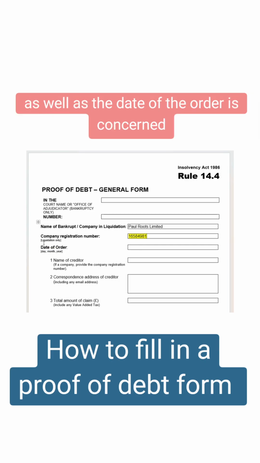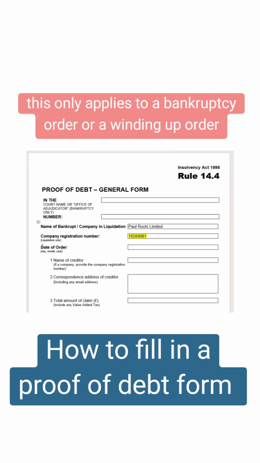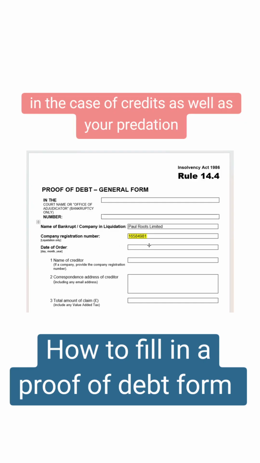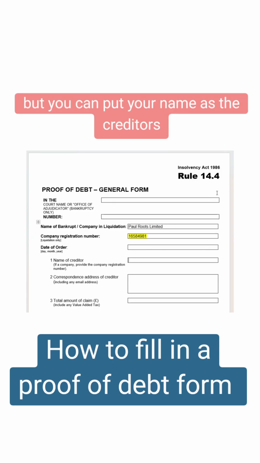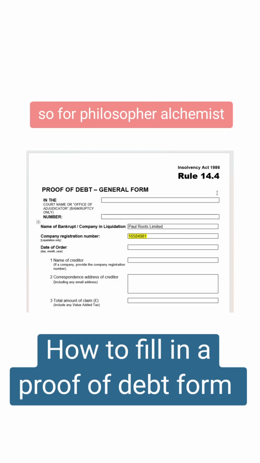Now this is the company that has gone into liquidation. As far as the date of the order is concerned, this only applies to a bankruptcy order or a winding up order. In the case of a creditor's voluntary liquidation, there will be no date of order. You then put your name as the creditor. For the sake of argument, you might be ABC Limited.